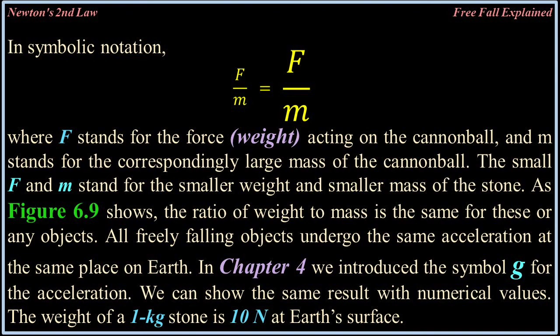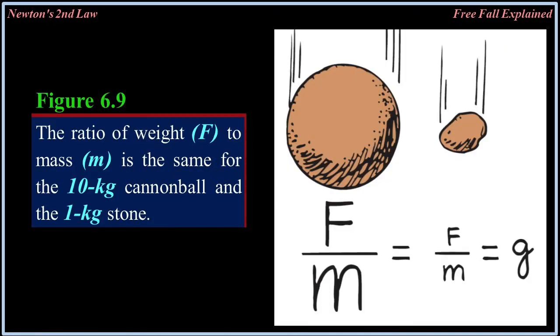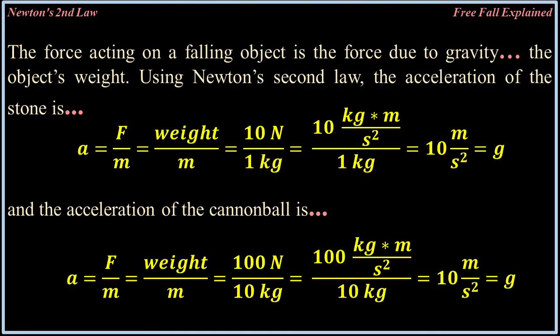We can show the same result with numerical values. The weight of a 1 kilogram stone is 10 newtons at Earth's surface. In figure 6.9, the ratio of weight, F, to mass, M, is the same for the 10 kilogram cannonball and the 1 kilogram stone. Large F over large M equals small f over small m. The force acting on the falling object is the force due to gravity, the object's weight.